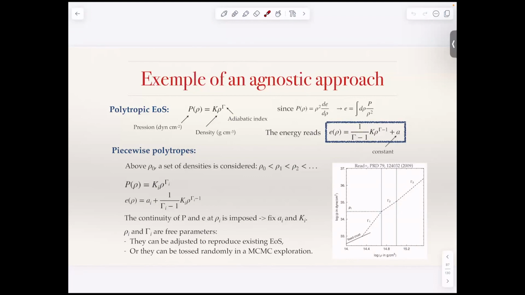So nowhere in such an approach do you have to say that the matter is made of neutrons, or of quarks, or hyperons, or whatever.